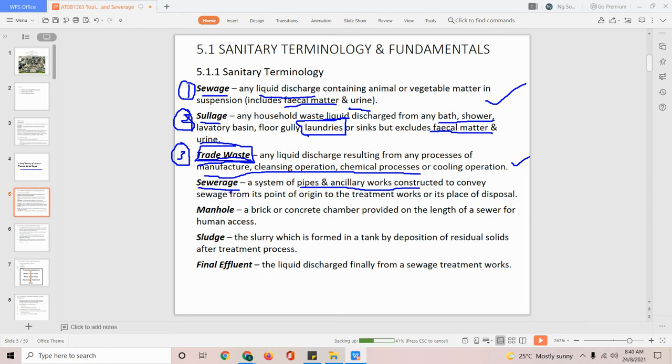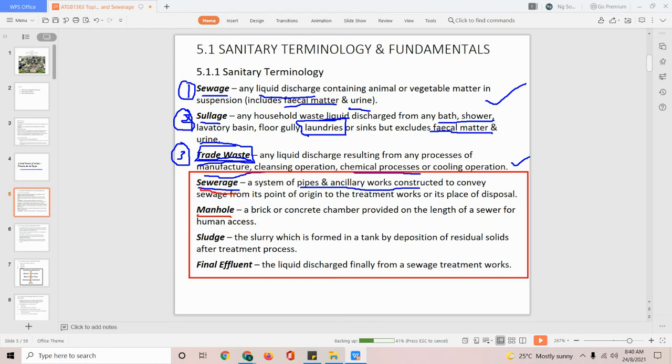Okay, then finally we have another portion, more towards other terms of the plant. So we can have our sewerage, which is the pipe works, and then we have our manhole, sludge, and final effluent. Effluent means discharge, our final discharge from the sewage treatment works.